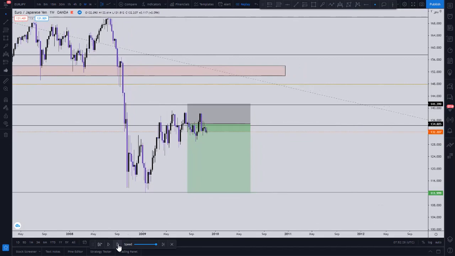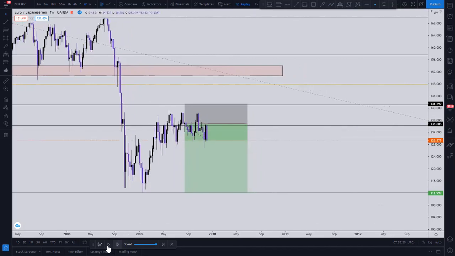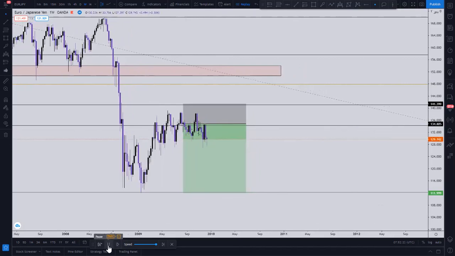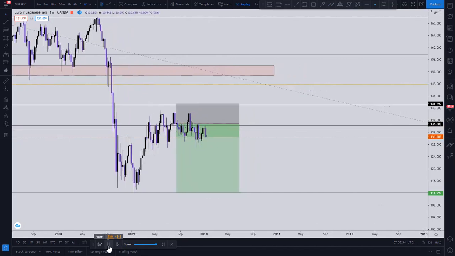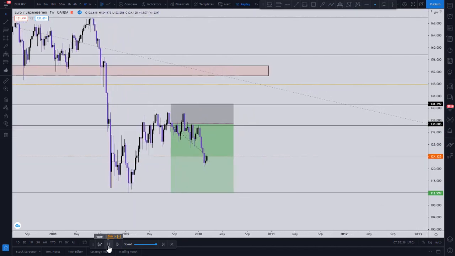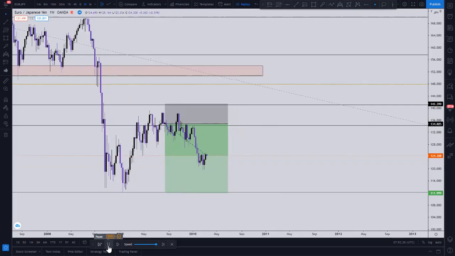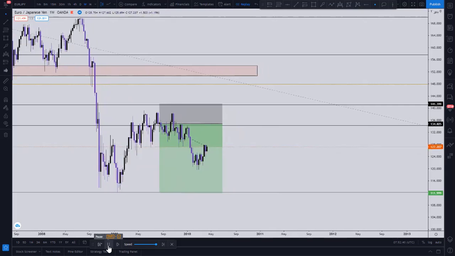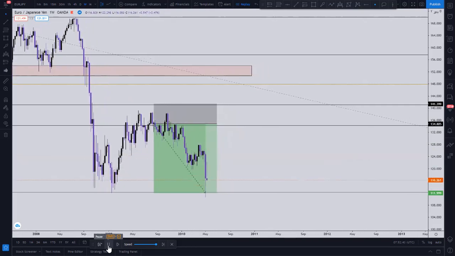And then price starts to play around, and then finally drops to where it's supposed to go.